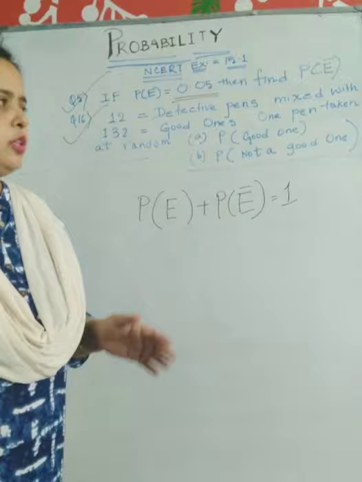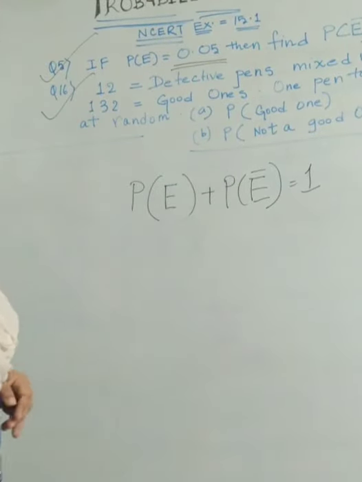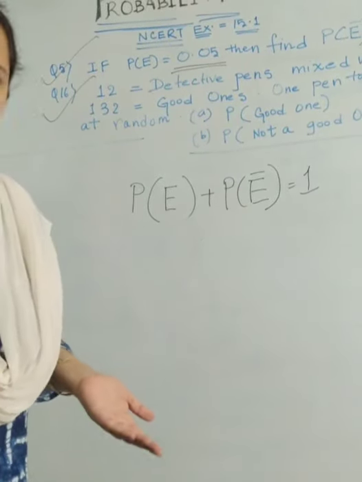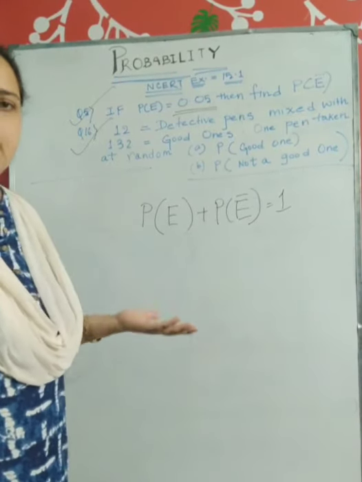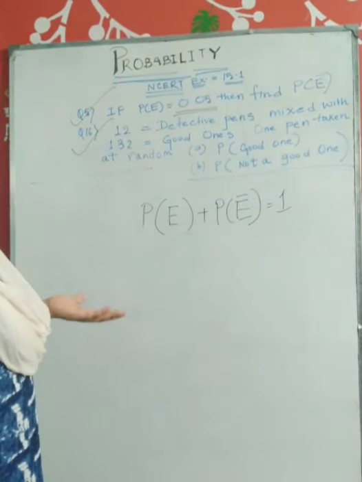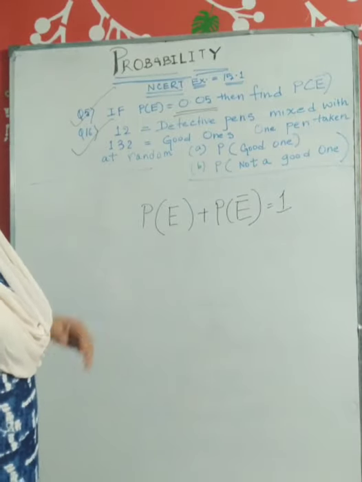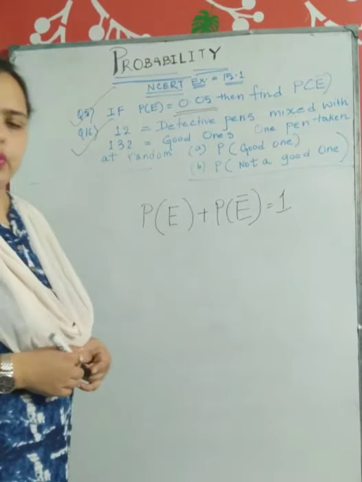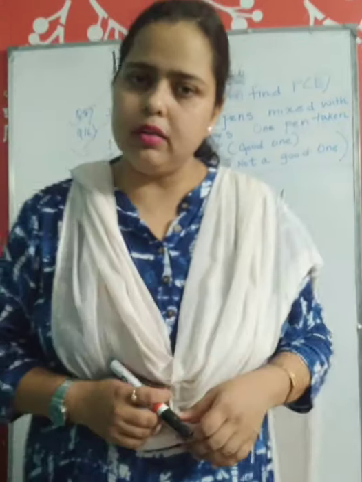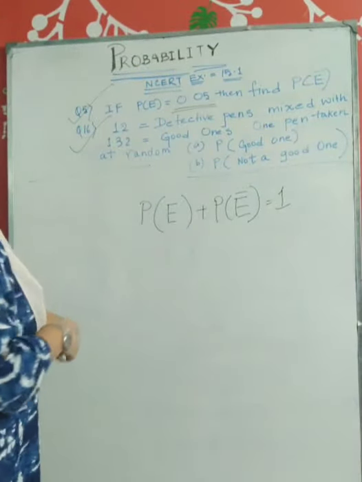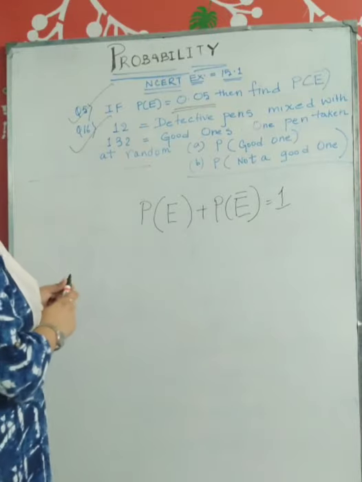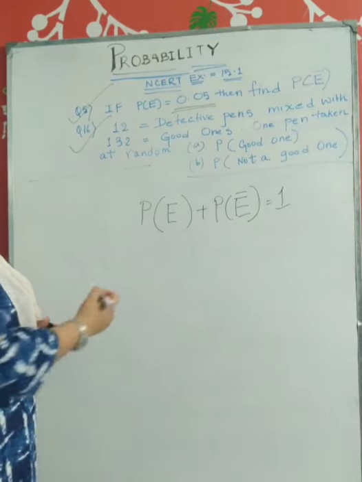There are 12 defective pens which are accidentally mixed with a lot of 132 good pens. So what happens to the total number of pens in the particular lot? Let's see. Now there was a bag of good pens where we already had 132 pens.